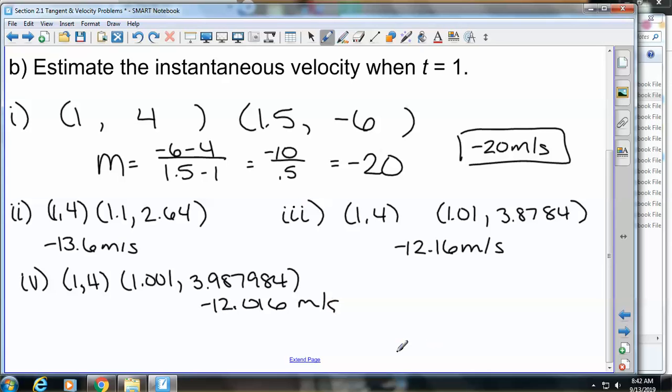So from this, if you look, each of these x values is getting closer to 1: 1.1, 1.01, 1.001. So part B says estimate the instantaneous velocity at 1 second. Instantaneous velocity is just at one particular point, so we have to look, what is this approaching?